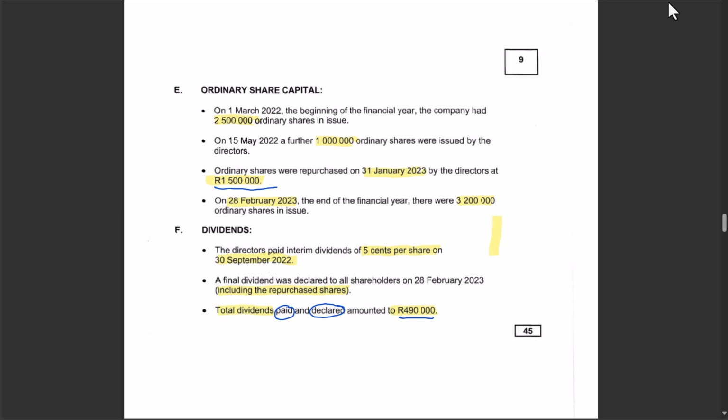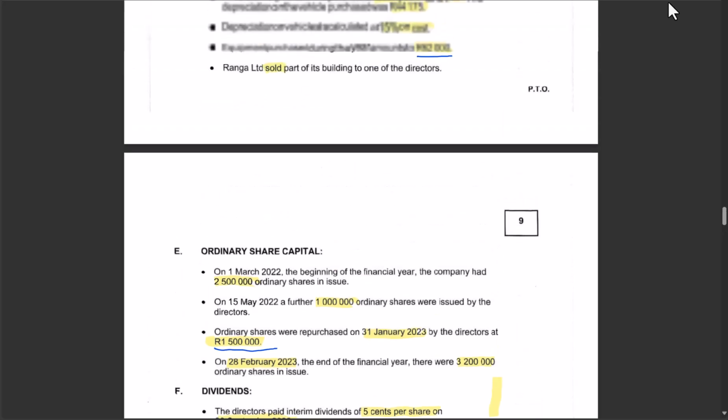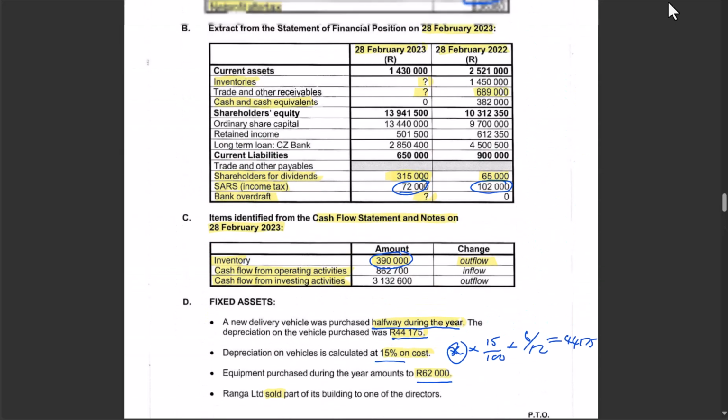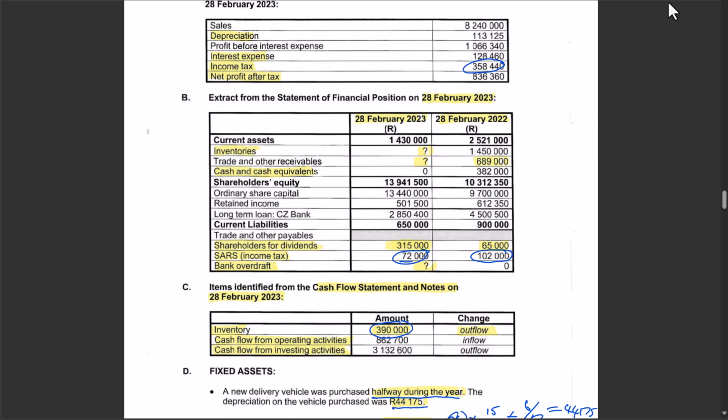Because of the information that we're given, you need to calculate how much was issued. Normally, if you know the value of the shares, how much was increased, you just subtract the opening balance from the closing balance, you get it.